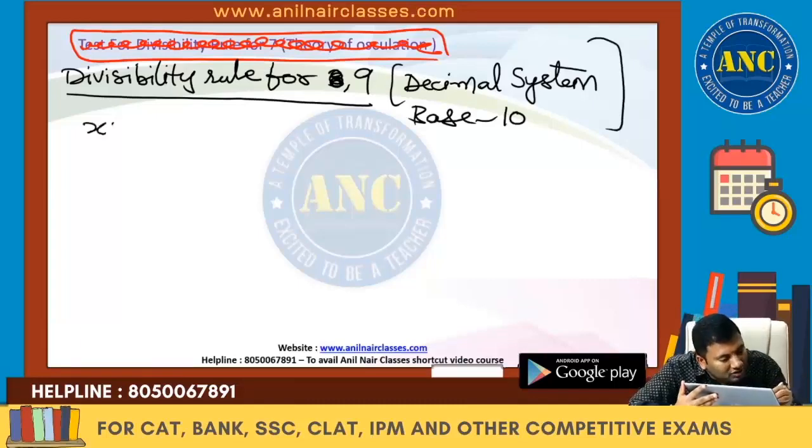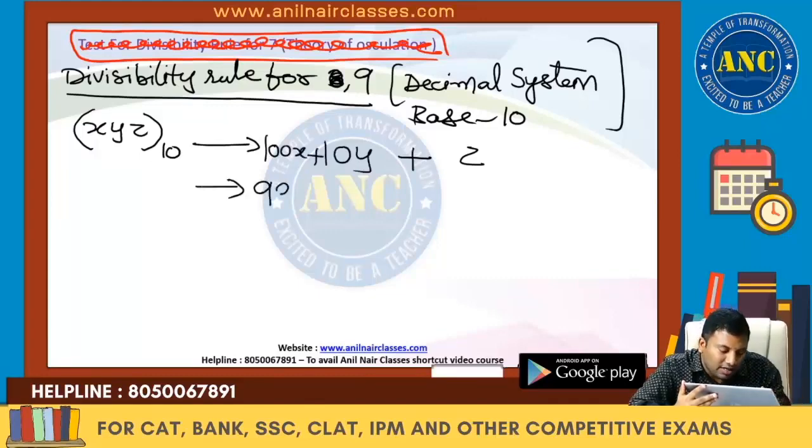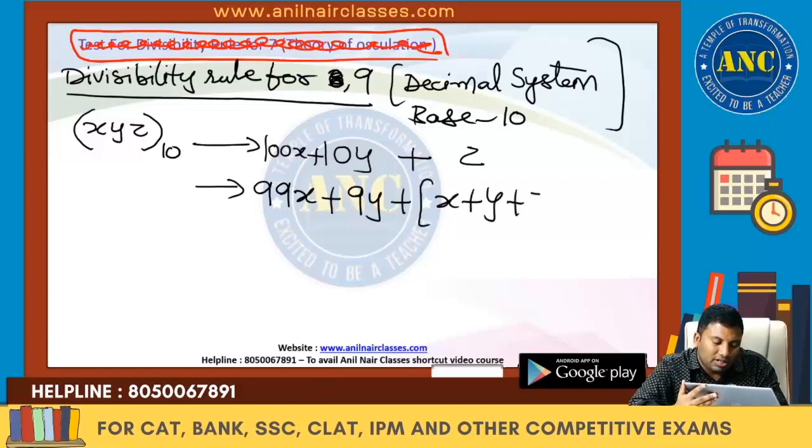Suppose I take a 3-digit number XYZ in decimal system. Z is in units place, Y is in tens place, X is in hundreds place. So it is 100x plus 10y plus z. This can be written as 99x plus 9y plus x plus y plus z.